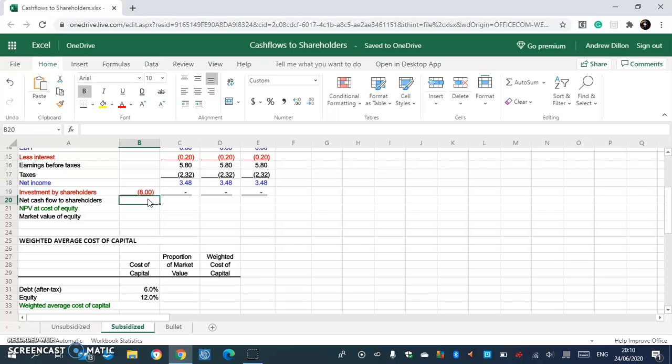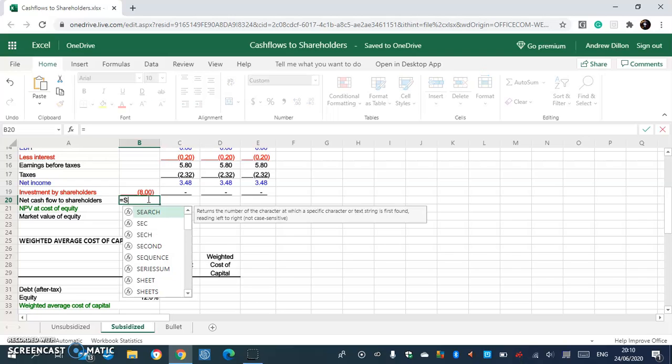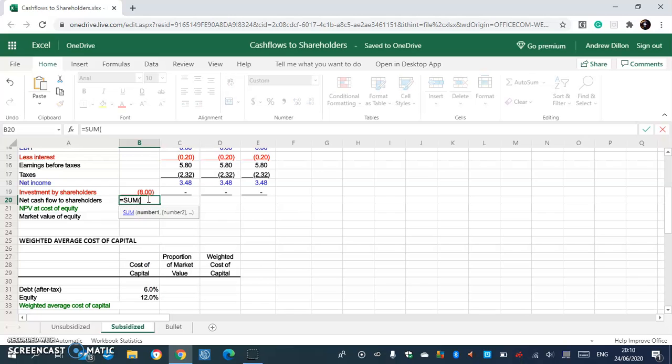Okay, next I need to find and calculate the net cash flow to shareholders. So that's P19.